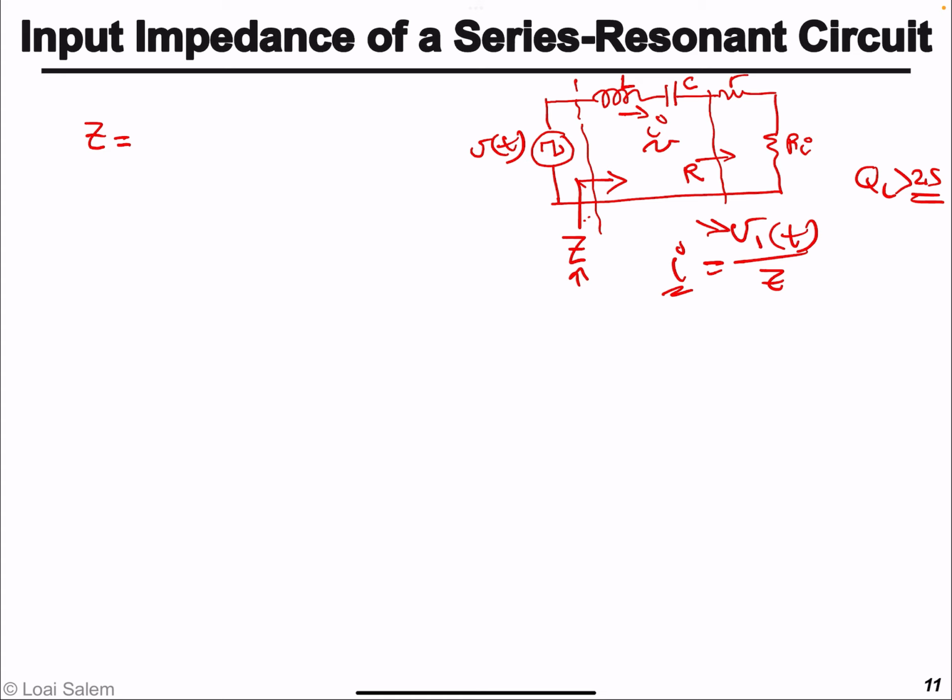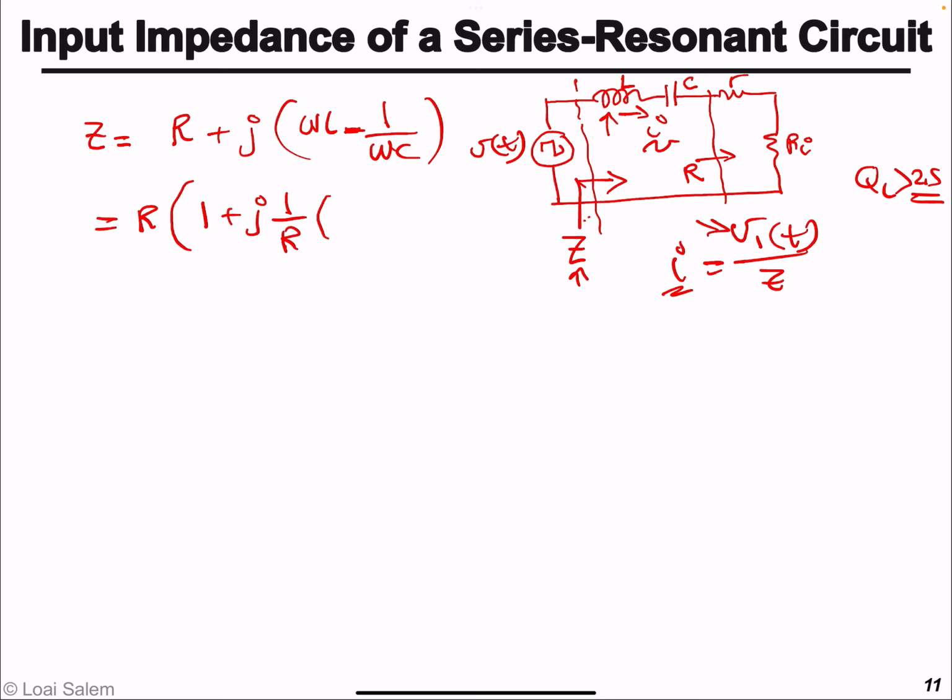So Z will have two components, a real component, which is R, plus an imaginary component, which is given by j times omega L, the reactance of the inductor, and then we have the reactance of the capacitor, minus 1 over omega C. Now we can take R as a common factor, just to put the impedance in a more formal form. If we take R as a common factor, we'll end up with this expression.